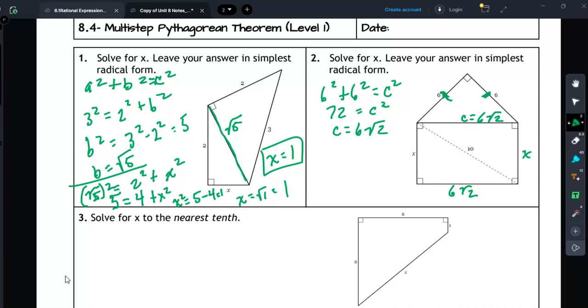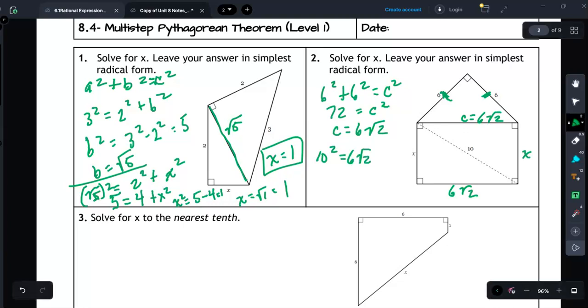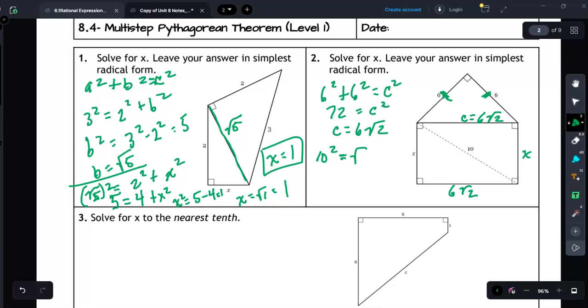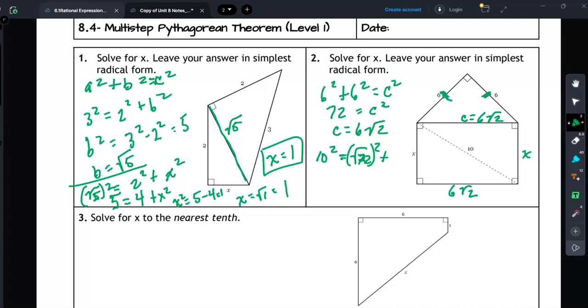We know one leg and the other leg, or the hypotenuse. So we have the hypotenuse is 10, right? So we're going to do 10 squared equals 6 square roots of 2. Well, it might be better this time to just leave that in the form of the square root of 72 because you can see it better. So let's do that. Square root of 72 squared, and then plus x squared because that's what we're trying to solve for.